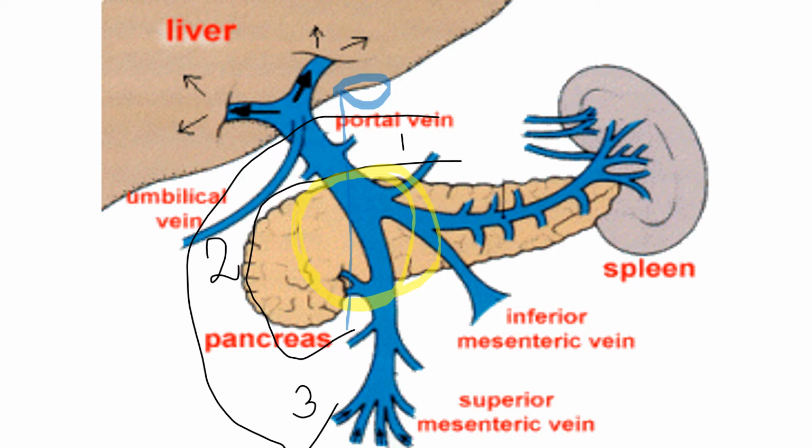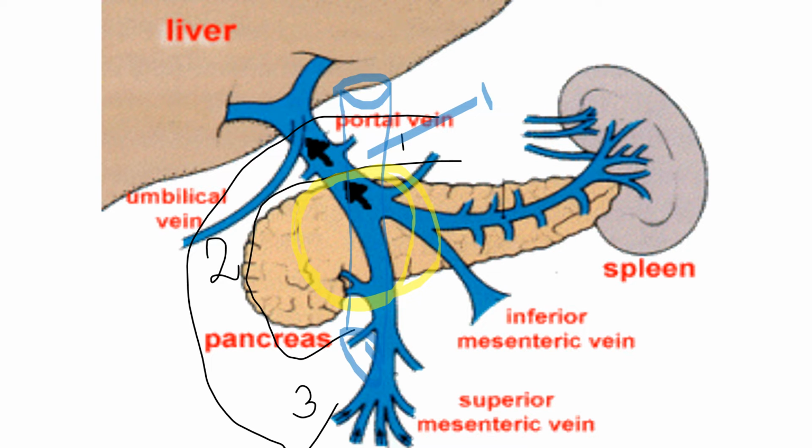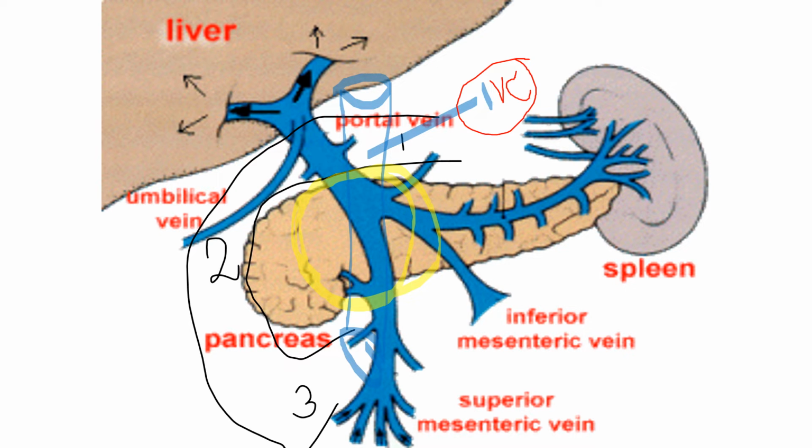It is just behind the neck of the pancreas. So we have the neck of the pancreas and the IVC in the infraduodenal relation of the portal vein.